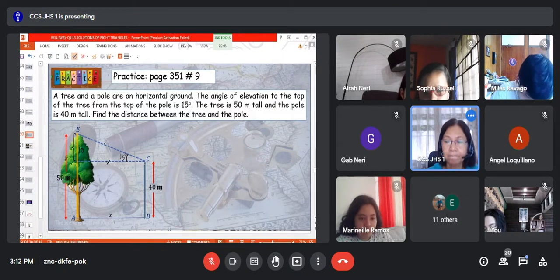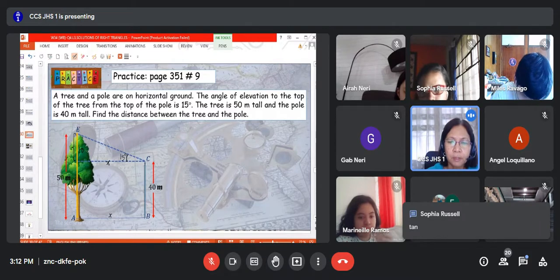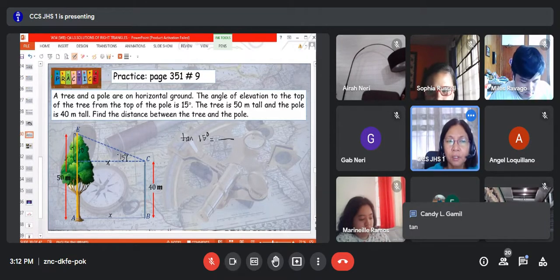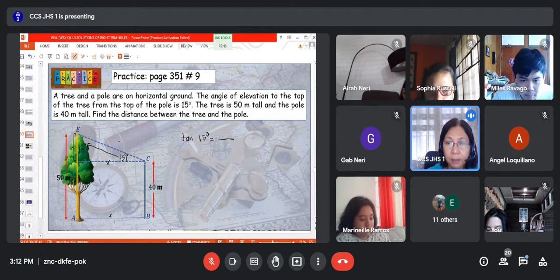So solving for x, what is the trigo ratio applicable? Tangent ratio: tangent of the angle is equal to opposite over adjacent. Very simple solution. That gives you x equals 10 over tangent 15 degrees.